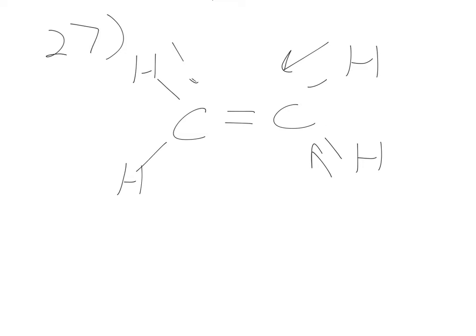Alright, so let's get rid of this. Now the next one that I'm going to draw will also be symmetrical, but it has slightly more polar bonds because there were chlorines attached. So the first one was all hydrogens.